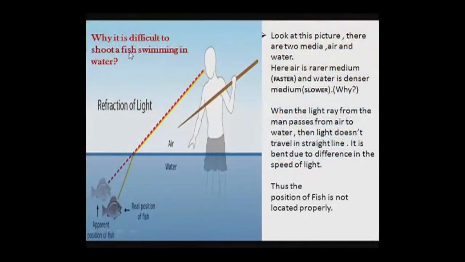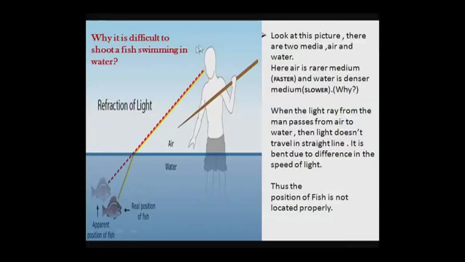Why is it difficult to shoot a fish swimming in water? Look at this picture. There are two media, air and water. Here air is a rarer medium, that is a faster medium, that is, the speed of light is more in air, and water is a denser medium, that is, the speed of light is less, it is a slower medium.